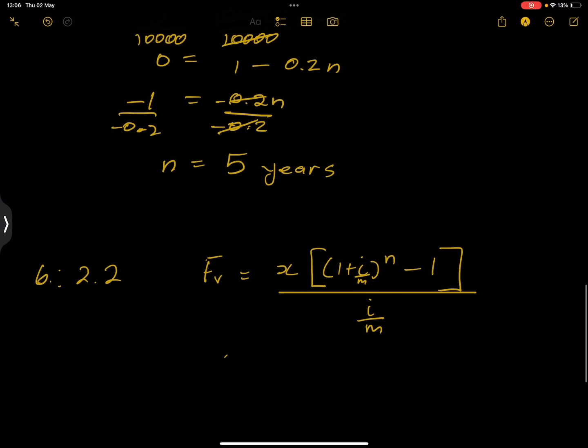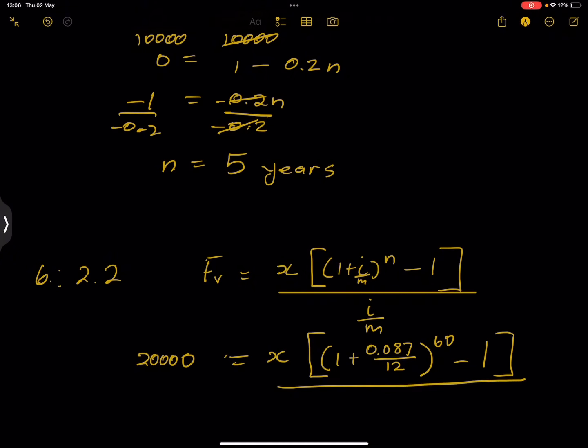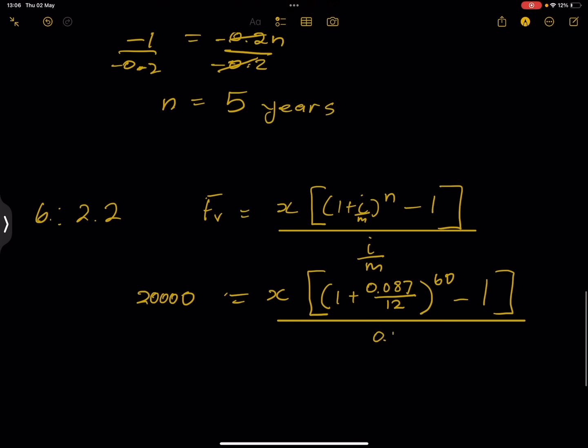Right, so in this case, we want to know the monthly deposit. Our future value should be 20,000 rands. So that's 1 plus our interest rate, which is 8.7%, so that's 0.087, compounded monthly, over 60 months, minus 1, divided by 0.087 over 12.